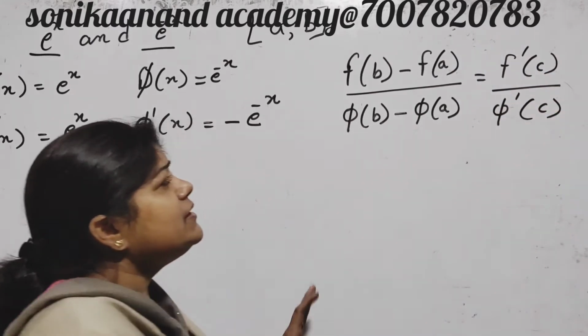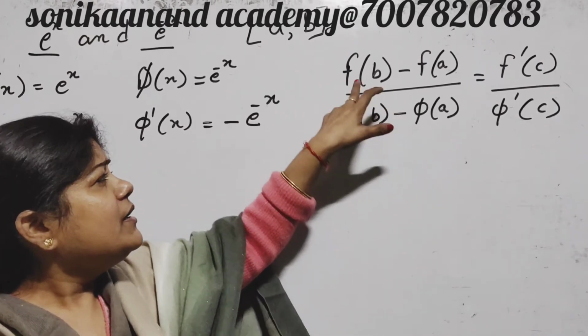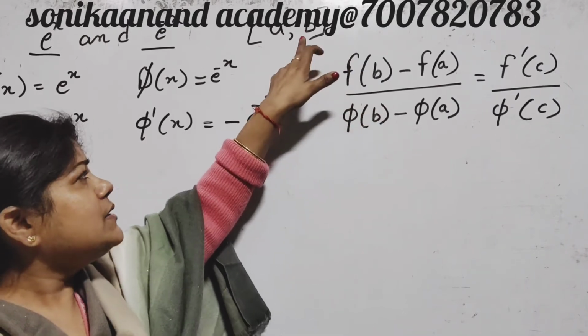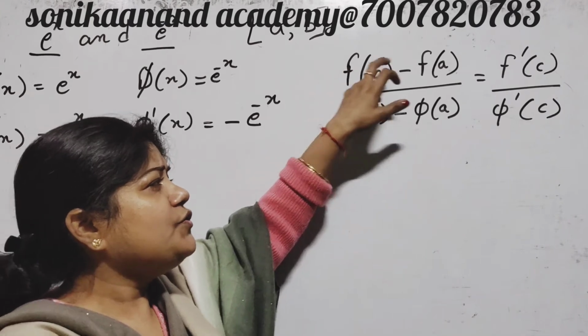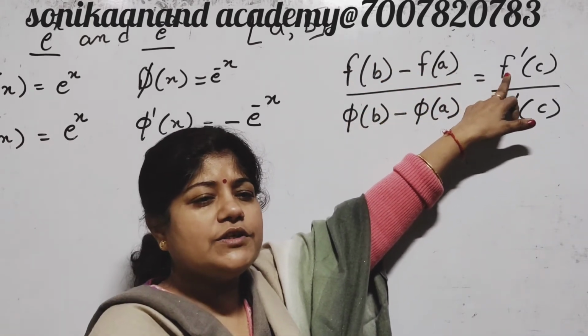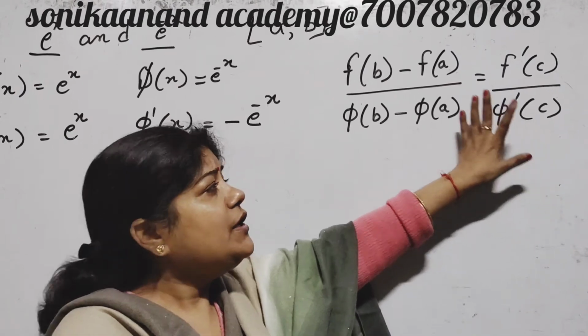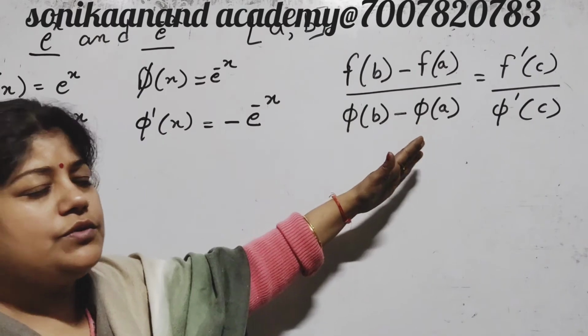You must learn this, it is the condition for the Cauchy mean value theorem. You have to subtract the limits for the first function, subtract the limits for the second function. In front of the first function, you write the differentiation of the first function, and for the second function, the differentiation of the second function. Now, I am going to find all the values and then we substitute.